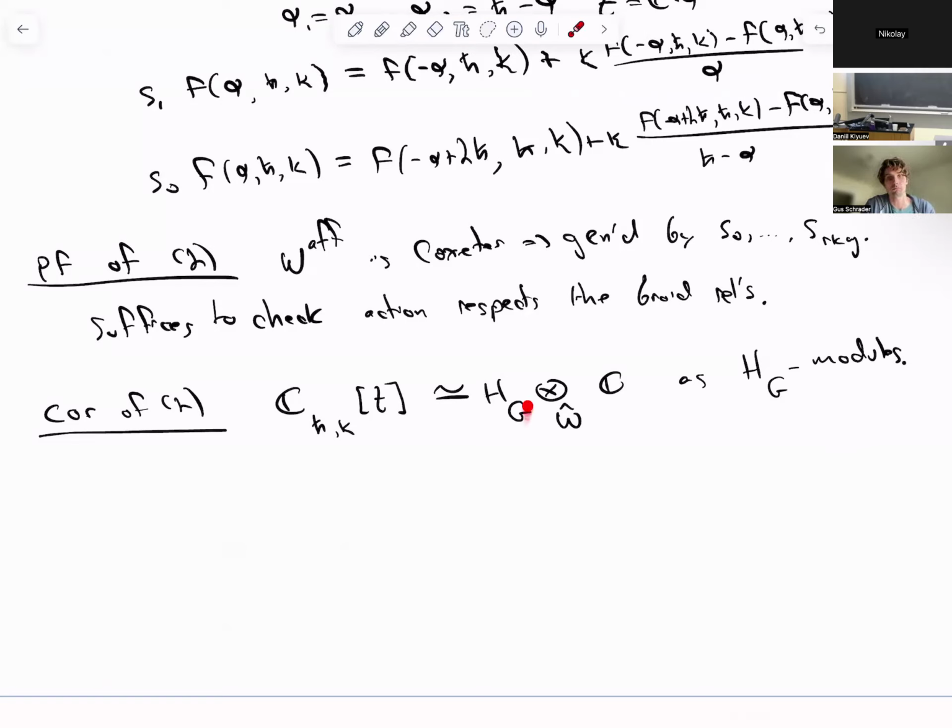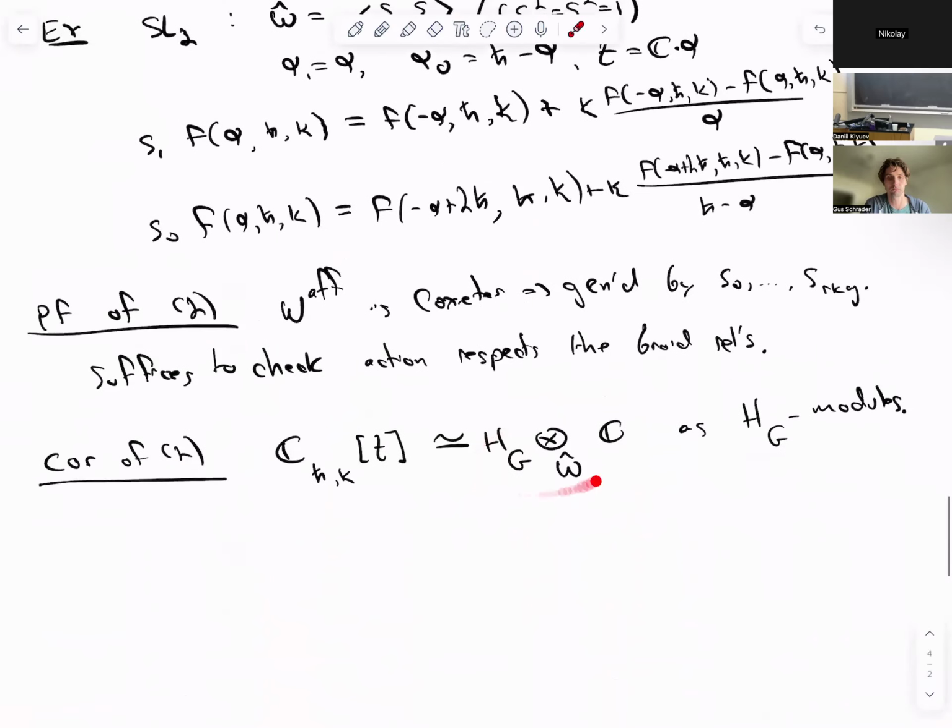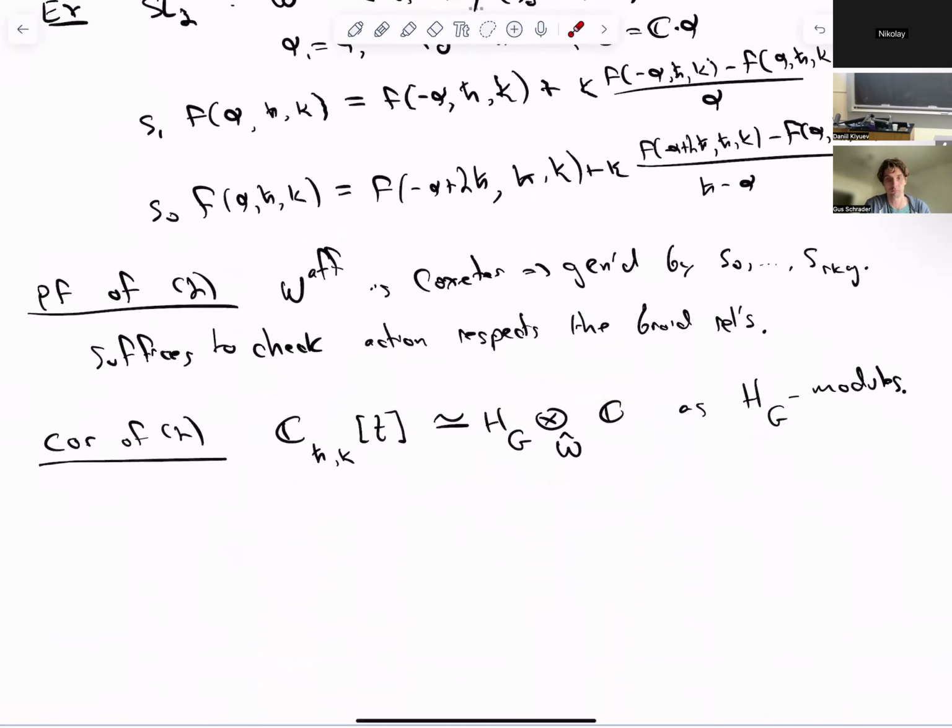So as a vector space, H_G is generated by polynomials in the torus and the extended Weyl group. So it's saying here that only the polynomial part survives when you take the tensor product, and that's exactly what this is saying. And then H_G X here as I described over here also acts naturally on the left. In fact, these are isomorphic. And this sort of idea appears everywhere, even in the very beginning where we look at nil Hecke algebras. So in the finite case, we again exhibit such a phenomenon.